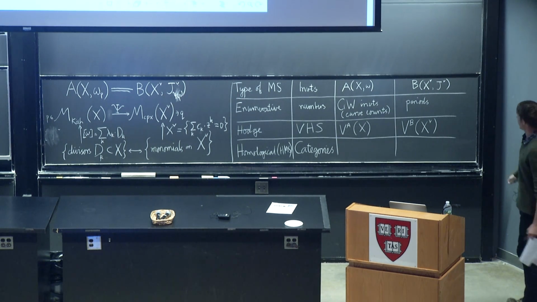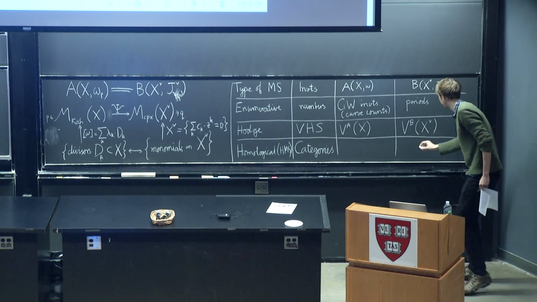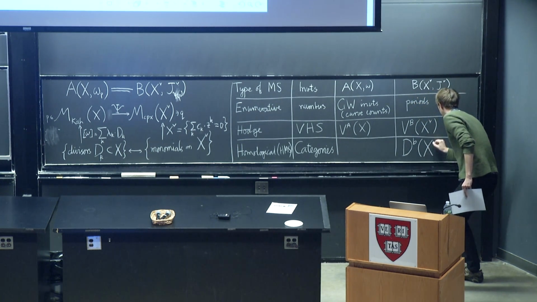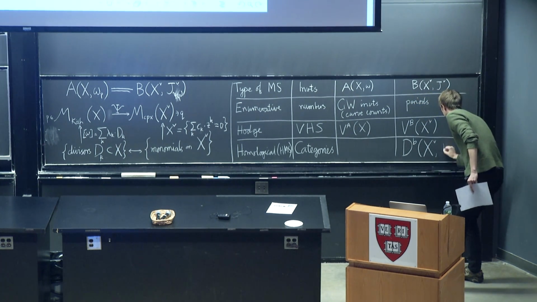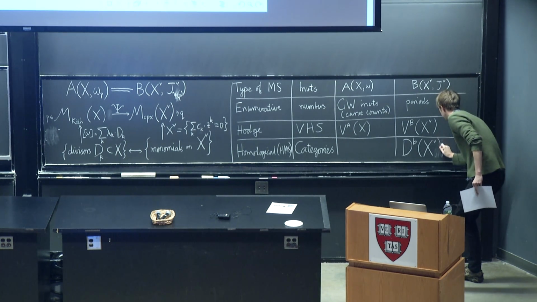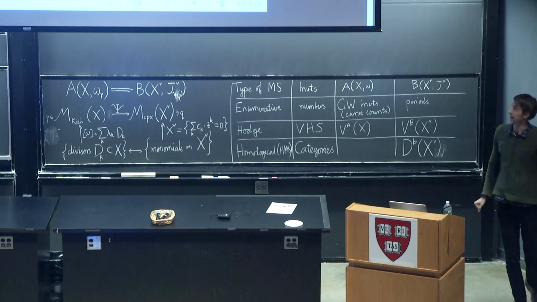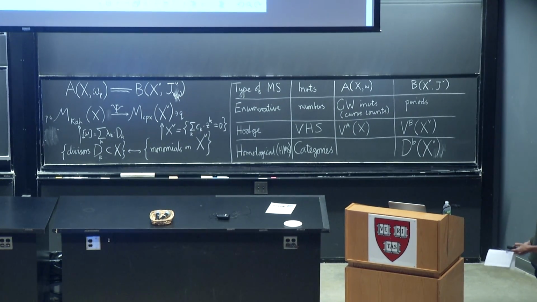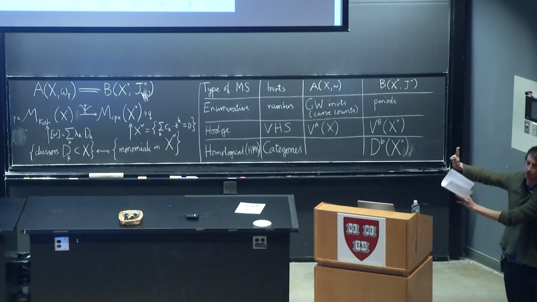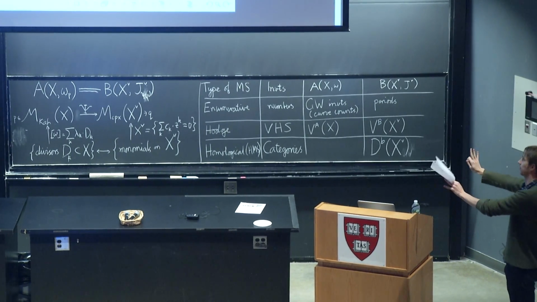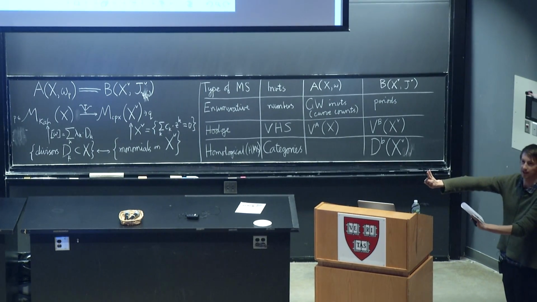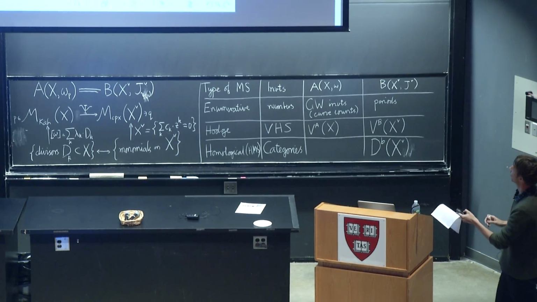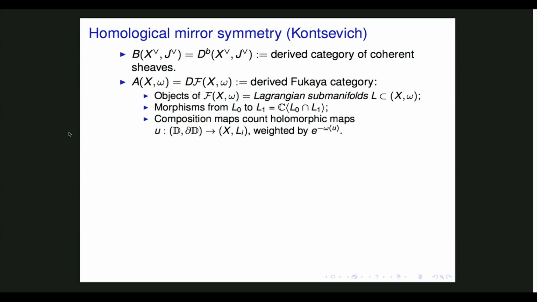The B side invariant of our complex manifold is the bounded derived category of coherent sheaves. And look, you don't have to absorb the definitions of these categories, you'll be able to process the rest of the talks without absorbing them, just don't worry. But let me say the definition of the Fukaya category.